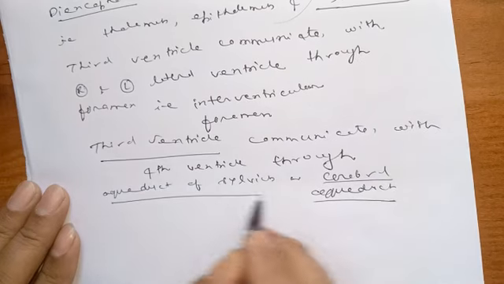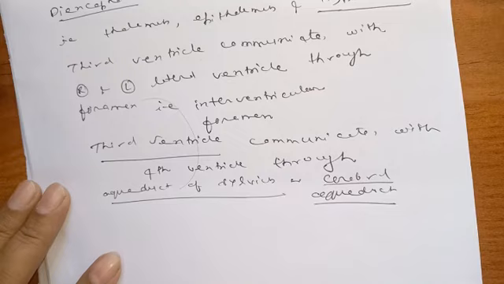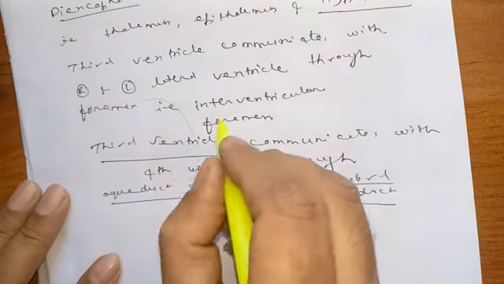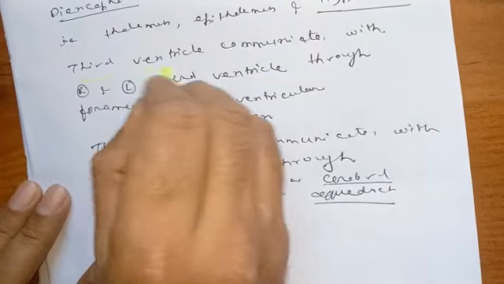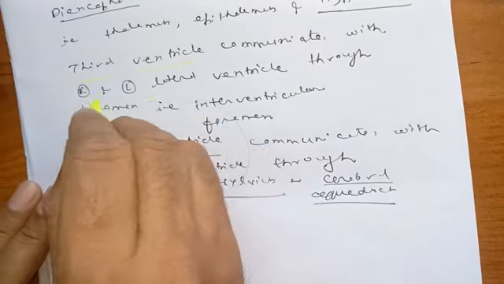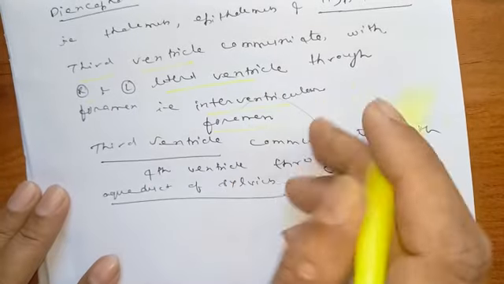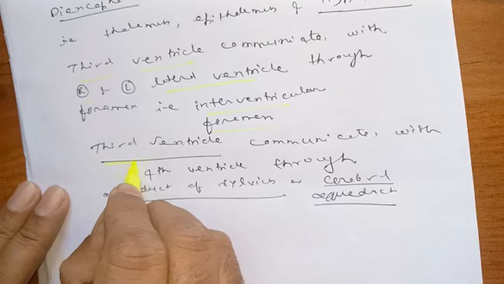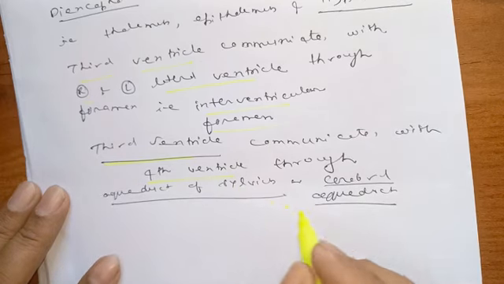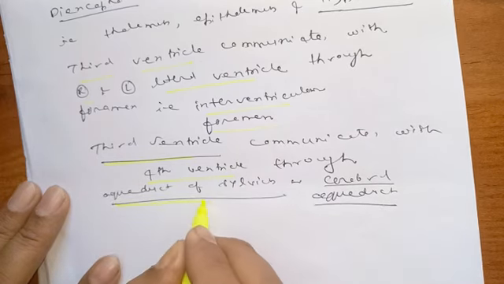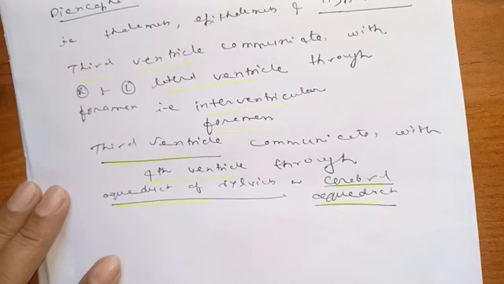The third ventricle communicates with the right and the left lateral ventricle through an interventricular foramen, and it communicates with the fourth ventricle through the aqueduct of Sylvius or the cerebral aqueduct.